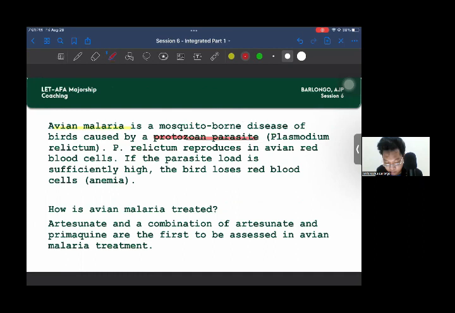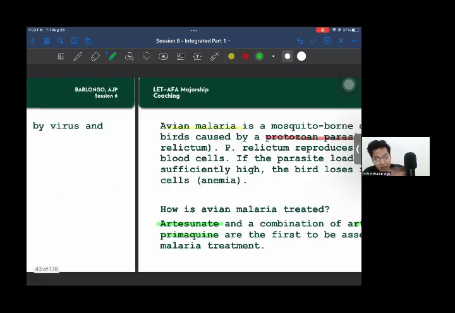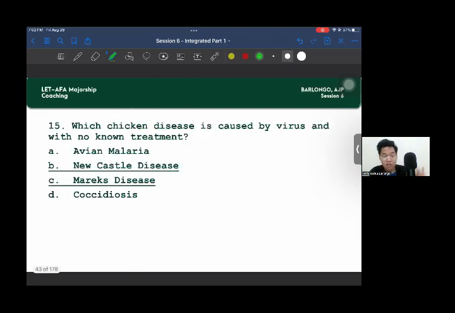So, ayan. Ang treatment niya, merong nakalagay na treatment. So, artesunate and a combination of artesunate and Primaquine. So, ito yung karaniwang treatment ng avian malaria. So, ang question, it pertains to the chicken disease with no known treatment.